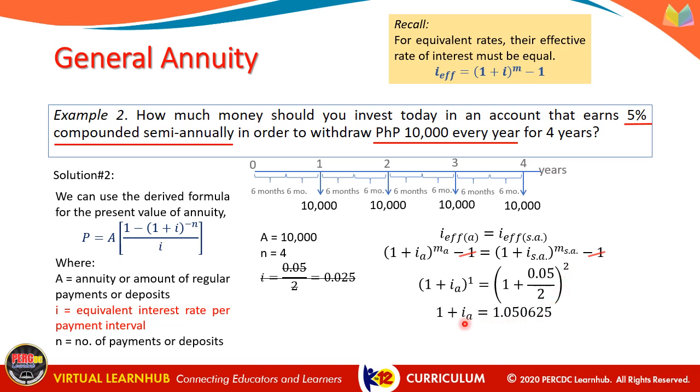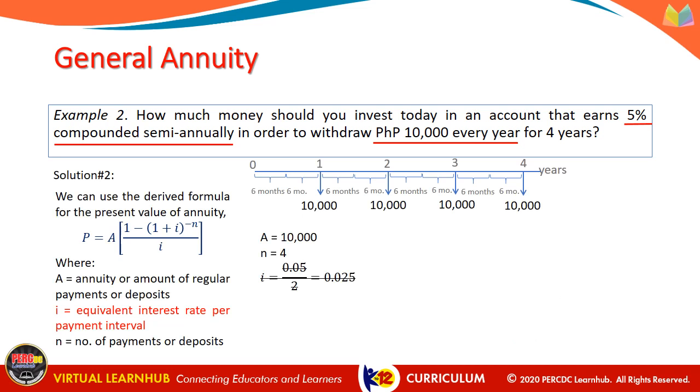Simplifying, that would be 1 plus the equivalent interest rate annually equal to 1.050625. Okay, 1.050625 is equal to 1 plus 0.05 over 2 raised to 2. Transposing 1 from the left side to the right side of the equation, we will get the equivalent interest rate per year or annually equal to 0.050625.